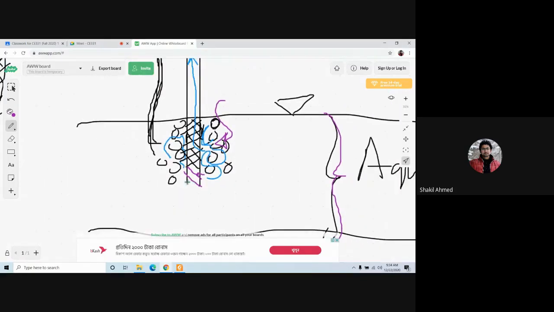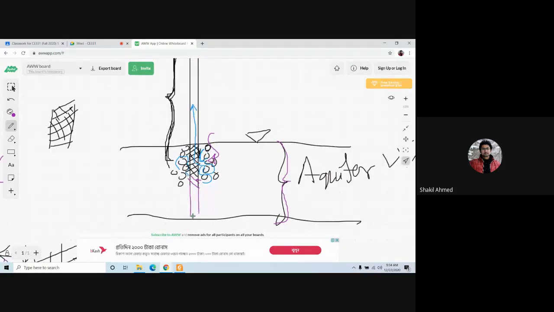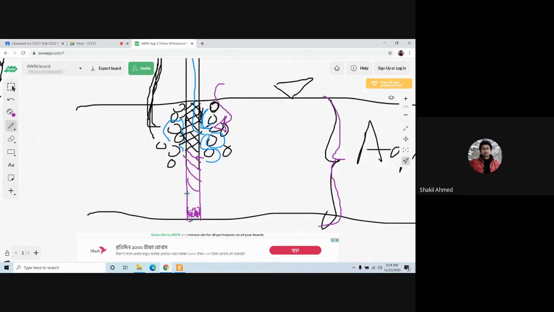Now, after years of this phenomenon, what would happen? You'll see they are depositing inside. Am I right? Yes, sir. Now, if they are deposited inside, can the water enter from there? No, sir.